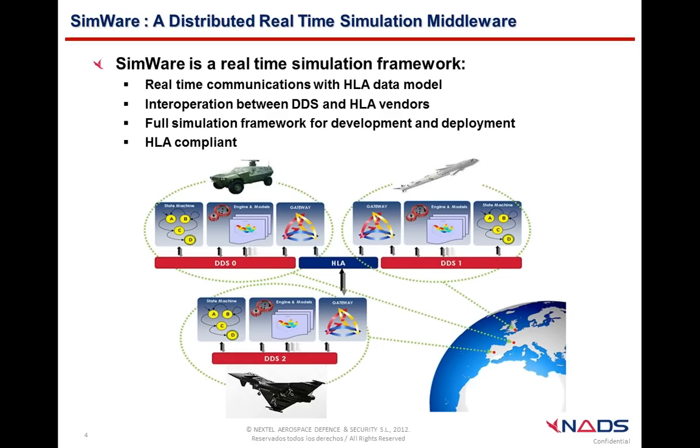It allows real-time communication, in this case DDS communications, combined with HLA data model. It allows interoperation between DDS and different HLA vendors, for example HLA Pitch, HLA MAK. Also between different vendors between them. For example, you can have one federation in HLA Pitch and another federation in HLA MAK.